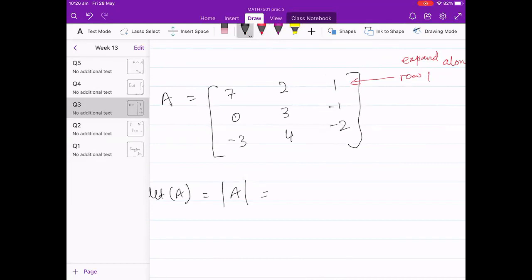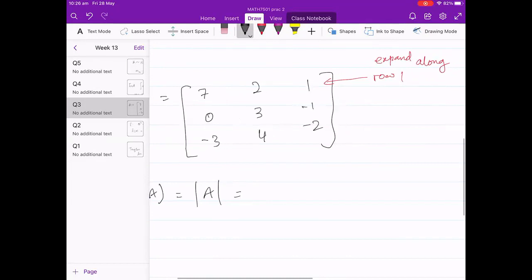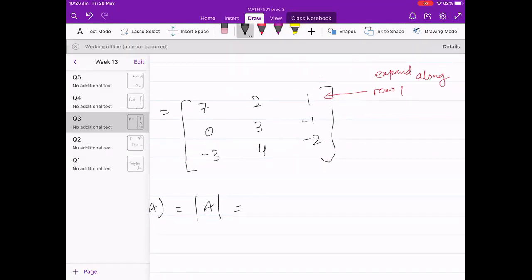The cofactor method says, if you have the i-th components as rows 1, 2, 3 and the j-th as columns 1, 2, 3, then it's -1 to the power i plus j.